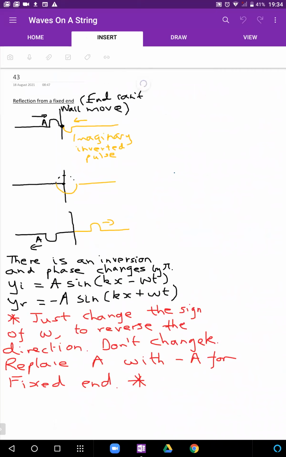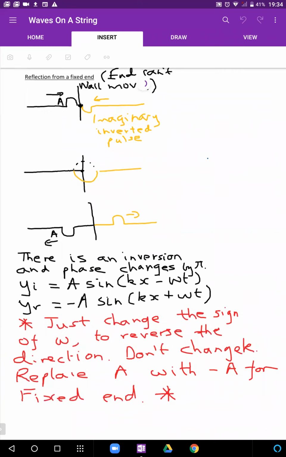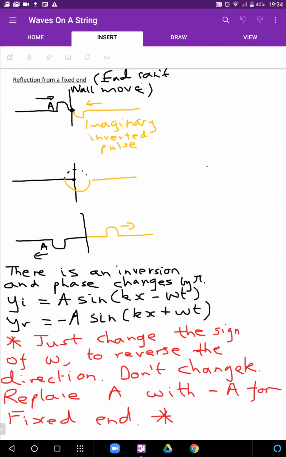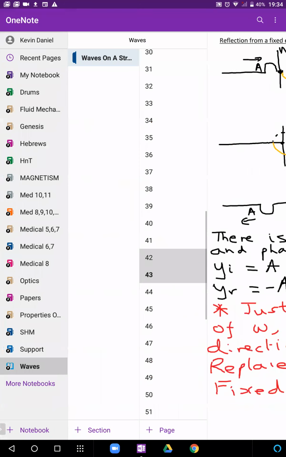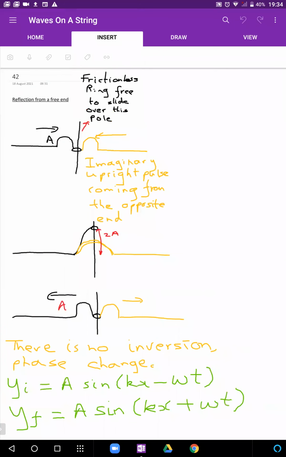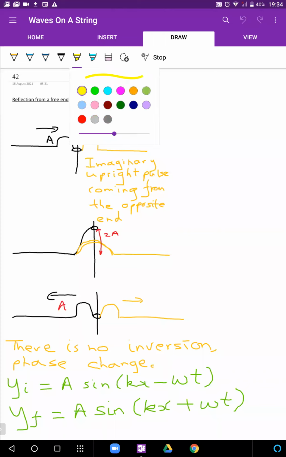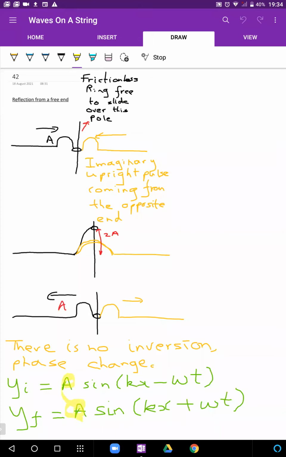Okay, why do I say change the sign of omega, not the sign of k? Because first of all, if at all an inversion is taking place, we are taking care of that by putting an appropriate minus sign over here. And if no inversion is taking place, we are taking care of that by keeping the amplitude as it is.